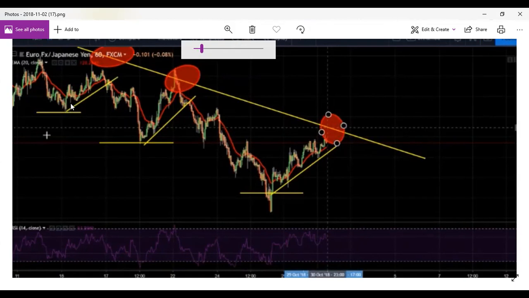You see it touches here, here, here, and then here. So you can make a nice little line. When it breaks that line, you can jump in. So you would jump in right around this area. If you don't make that one, which is fine, this low price right here, where it first came down and started the flag, when it breaks that area, you can get in there.